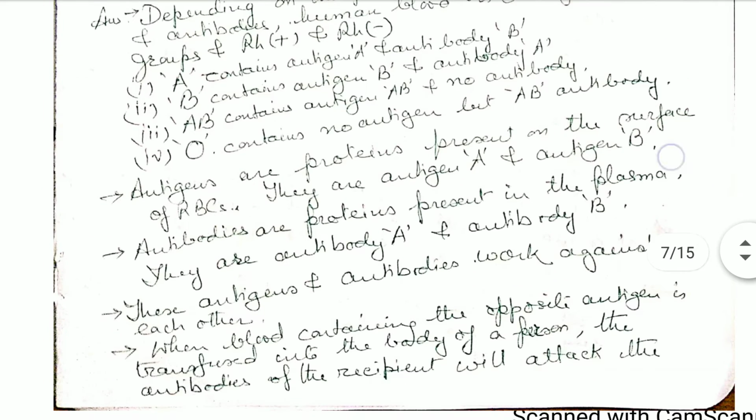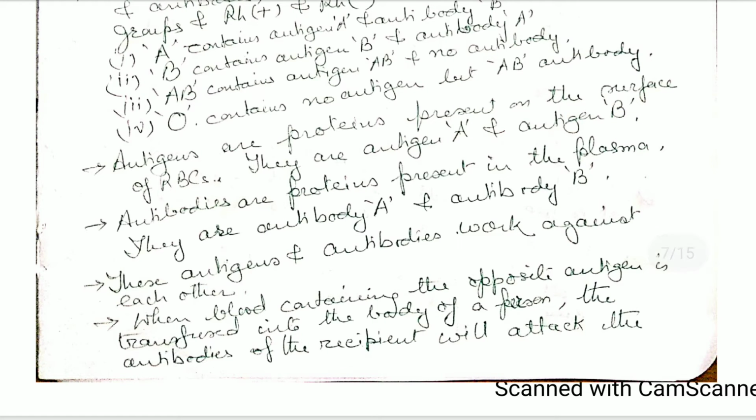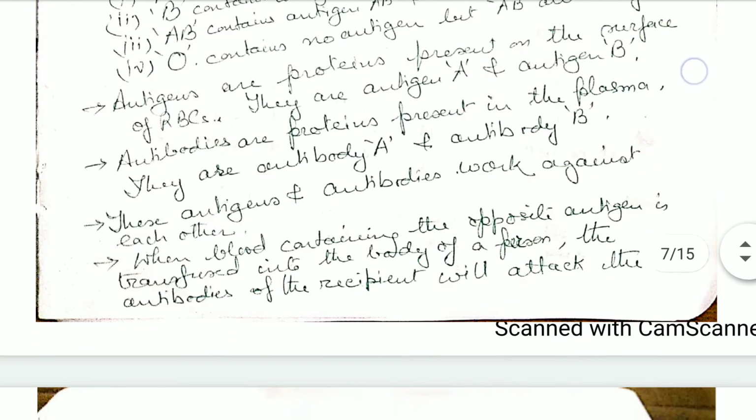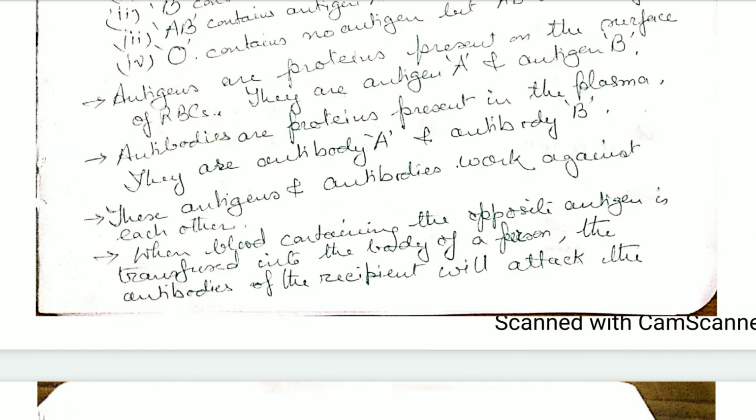Now, what are antigens? Antigens are proteins which are present at the surface of the RBCs. There are A antigen and B antigen, and antibodies are proteins which are present in the plasma. They are antibody A and antibody B. These antigens and antibodies work against each other.